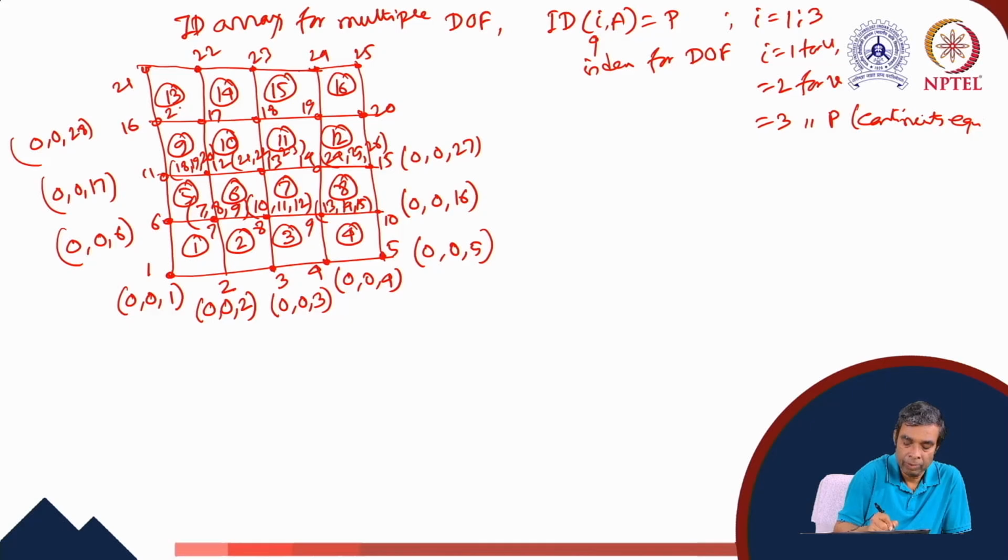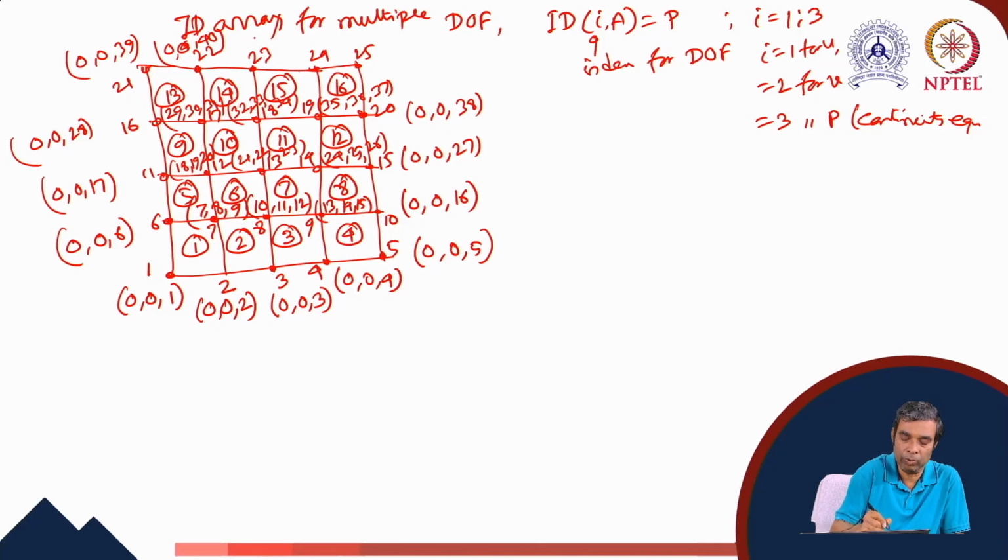Then it is 29, 30, 31. It will be 32, 33, 34, 35, 36, 37, 0, 0, 38, 0, 0, 39, 0, 0, 40.